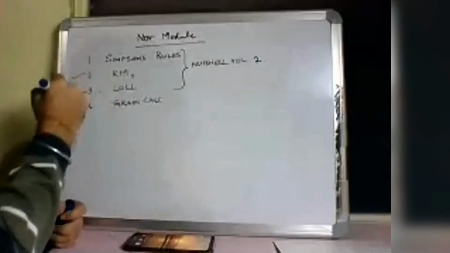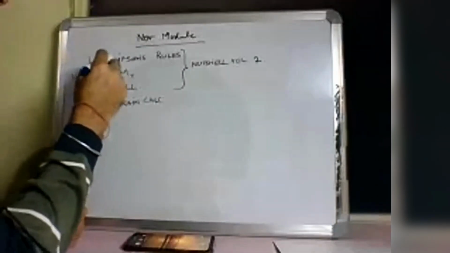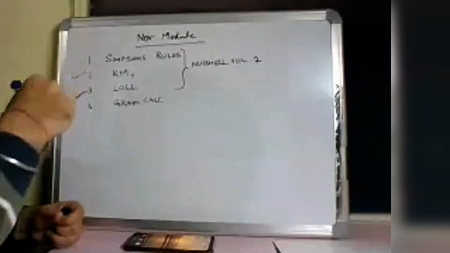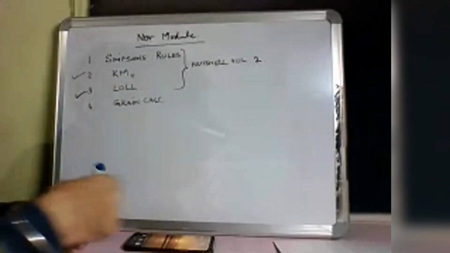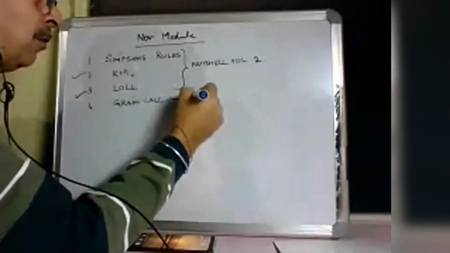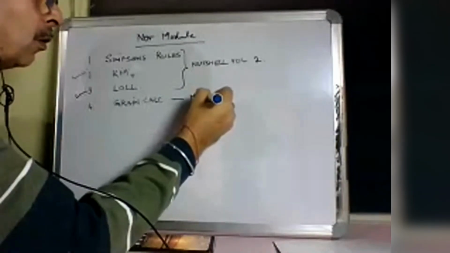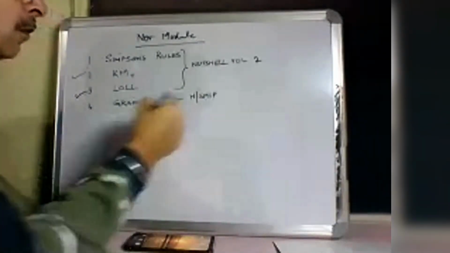And then I'll switch over to the bigger one, which is Simpson's rules. So we're starting with KMT first. Grain calculations, obviously, we'll be doing it from Hinship. This is from Hinship.